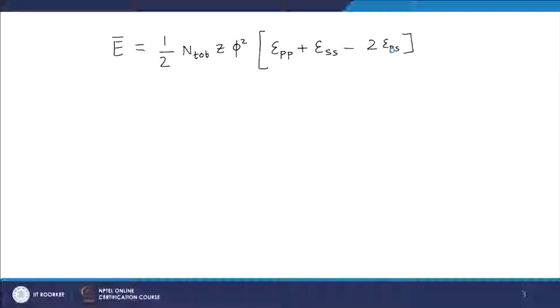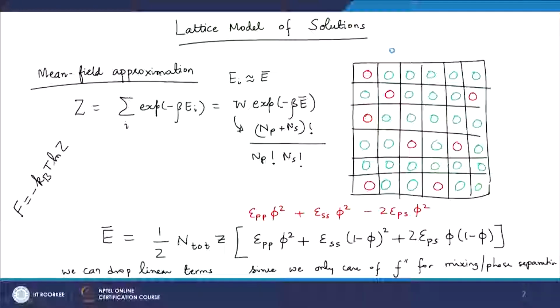So, what we get is E bar now is half N_tot z phi square multiplied by (epsilon_pp plus epsilon_ss minus 2 epsilon_ps), which you can confirm by looking at what we had earlier.